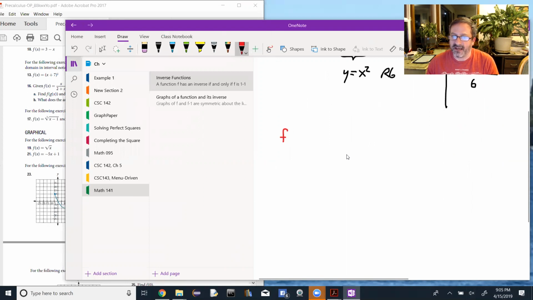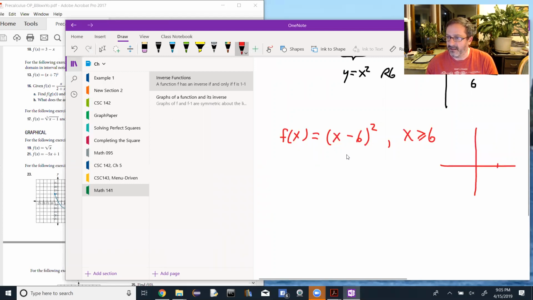So if we take f of x, the same function, but restrict the domain to x greater than or equal to 6, then this graph starts over here at 6, and it's just this half of the parabola. And on that half of the parabola, this new function is one-to-one and hence has an inverse.